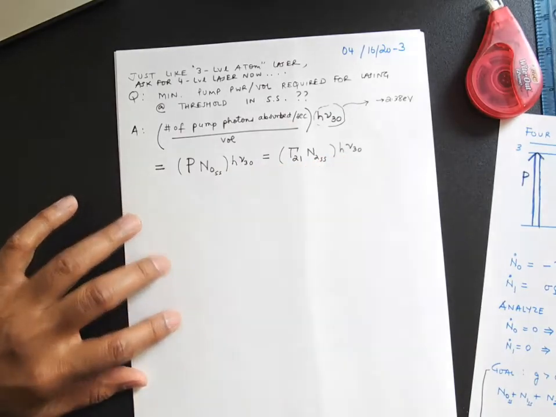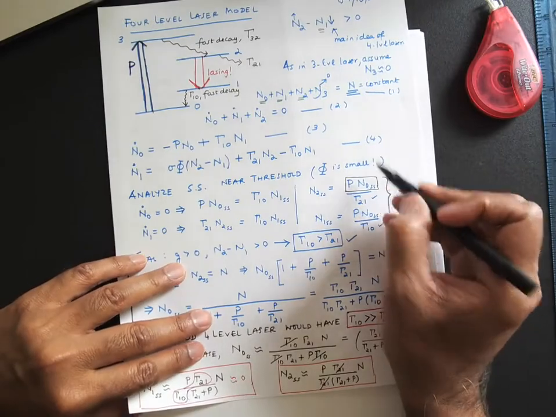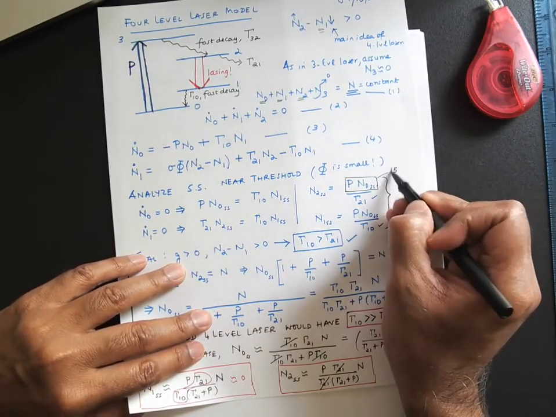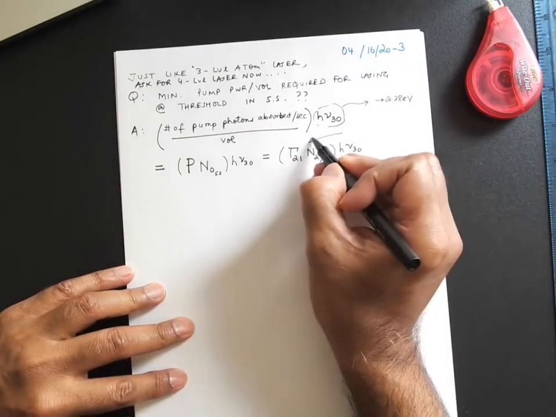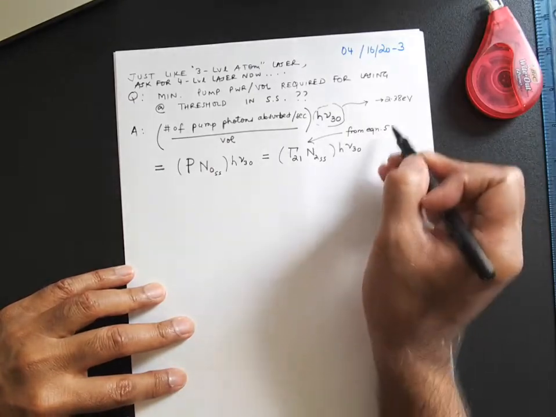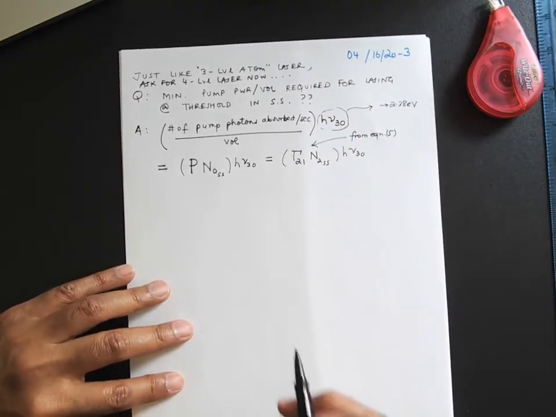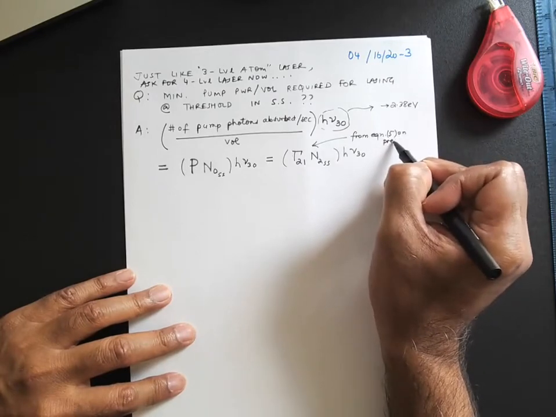So let me number this: this is equation 5, from equation 5 on the previous page.